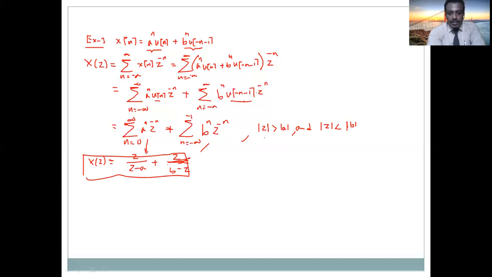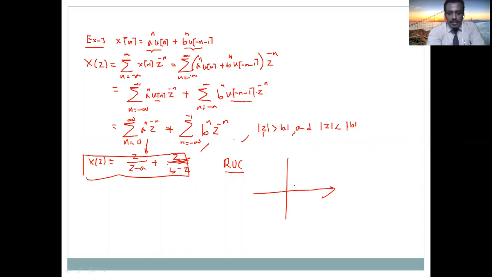How about the region of convergence? Now we have two circles.